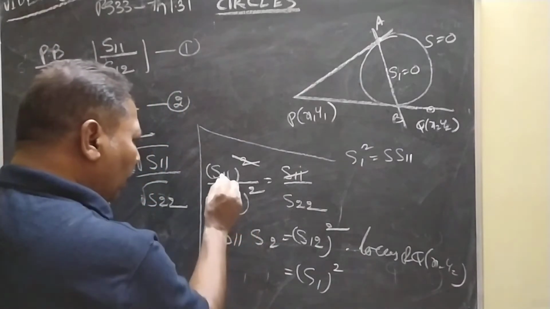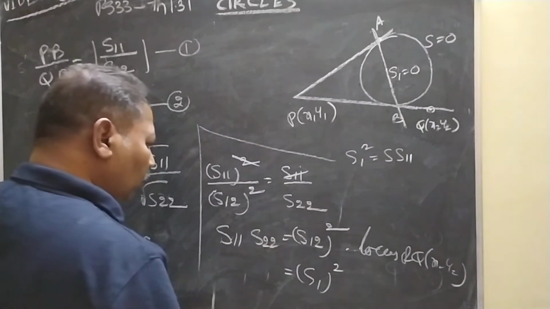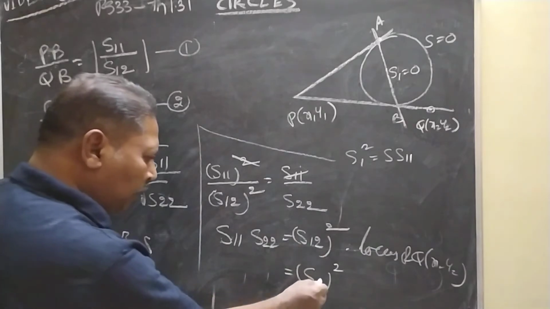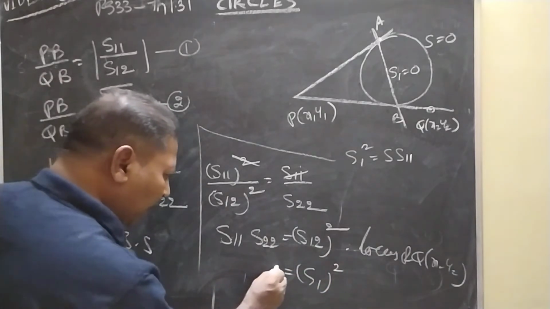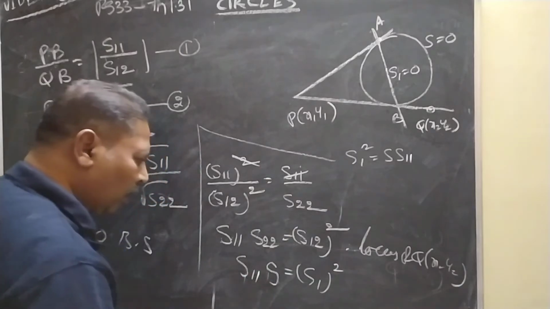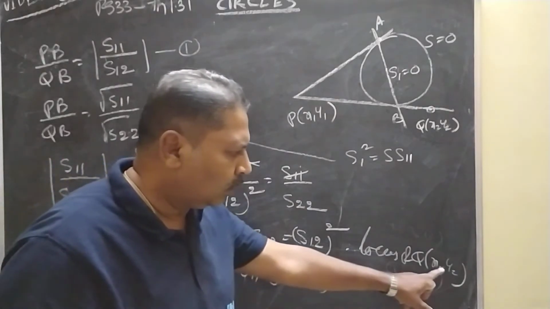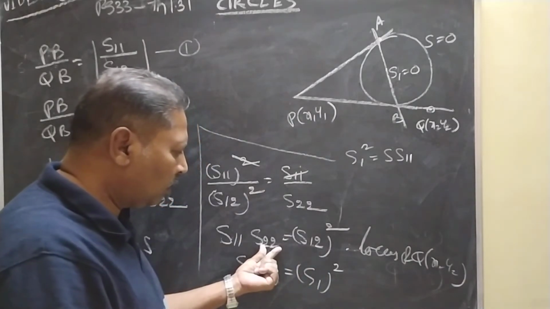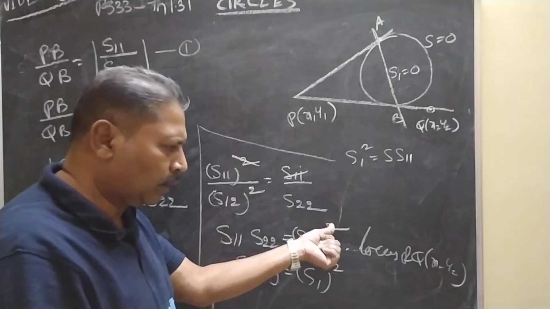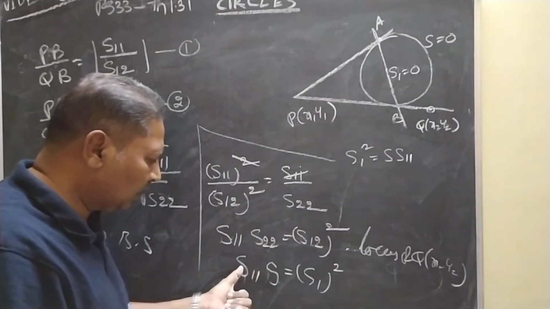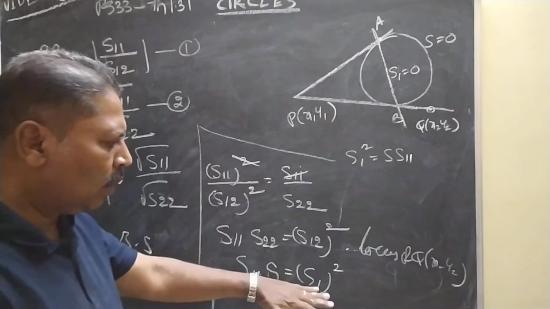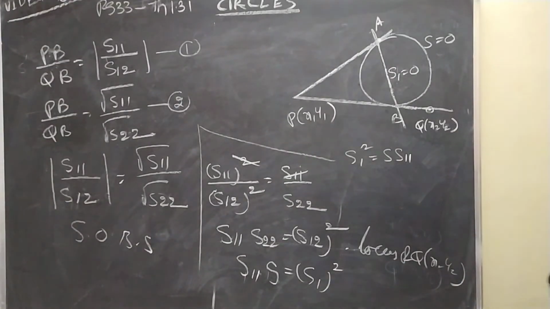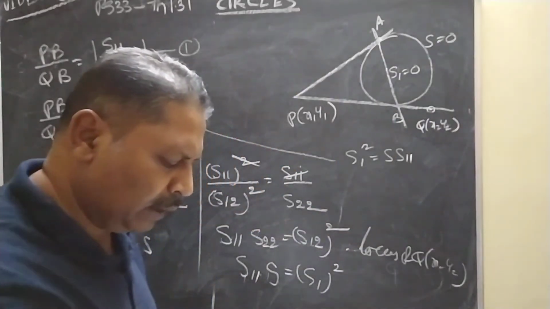Locus of (x2, y2): this becomes S1 square, this becomes S, this becomes S11. Generalize the (x2, y2) point, so eliminate the 2. S1 square equals S into S11. So this is the equation of the pair of tangents.